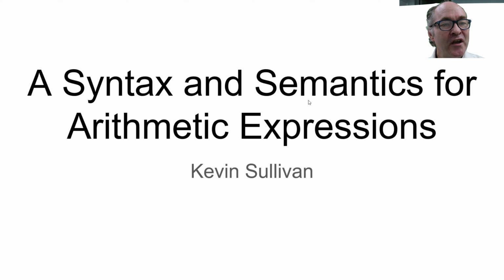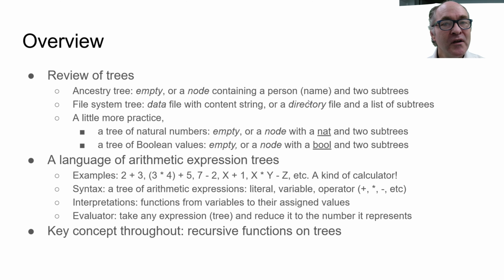So here's the agenda for today's lecture. We're going to start with a fairly extensive review of trees and implement a variety of tree structures in Lean so that you are reminded of and see more examples of how trees can be specified and functions that consume trees and return values about those trees can be defined, typically using recursion.